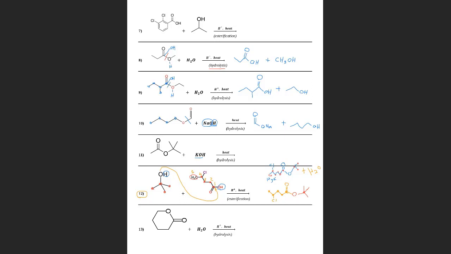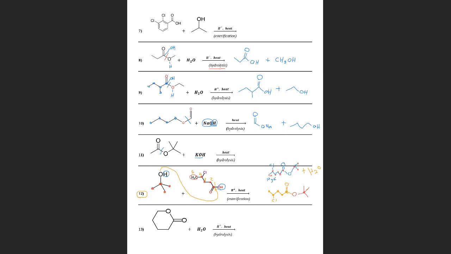So this is what we're going to have here. The first thing is we identify where we're going to cut this, cut it in between the carbonyl and the oxygen. And then once we've cut it between the carbonyl and the oxygen, then we can go ahead and break it apart into its two pieces.